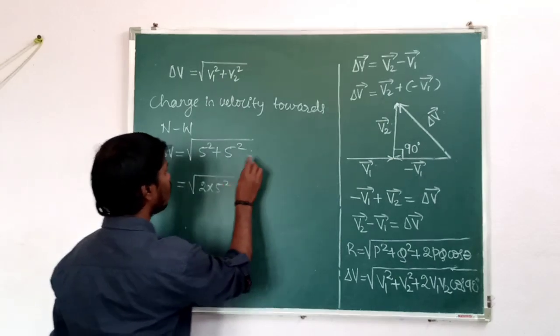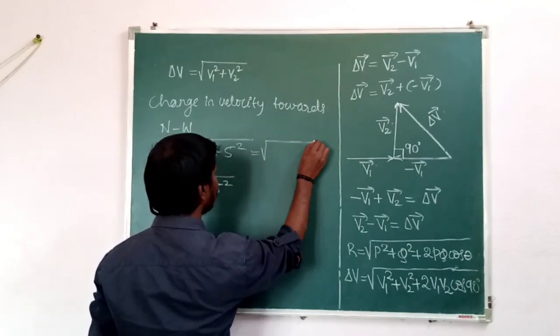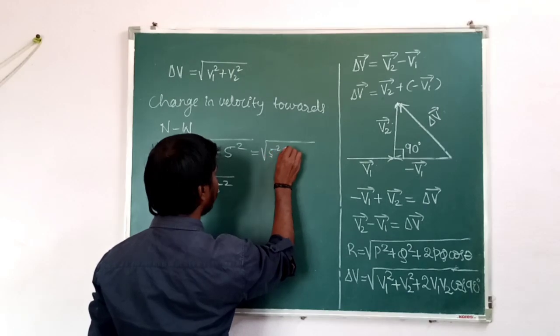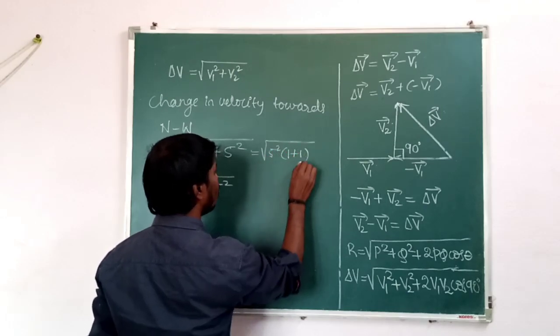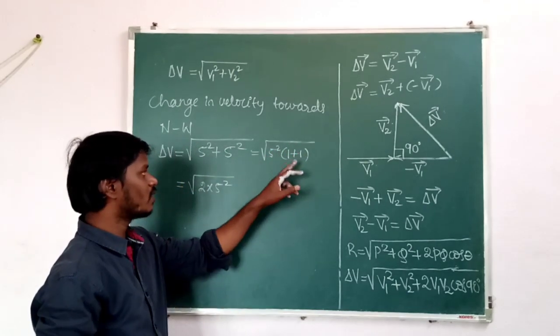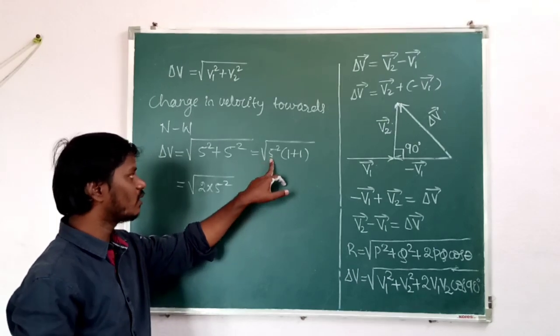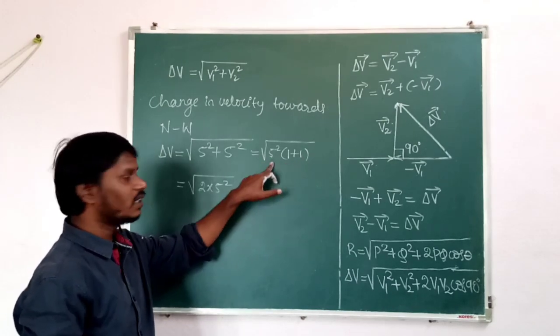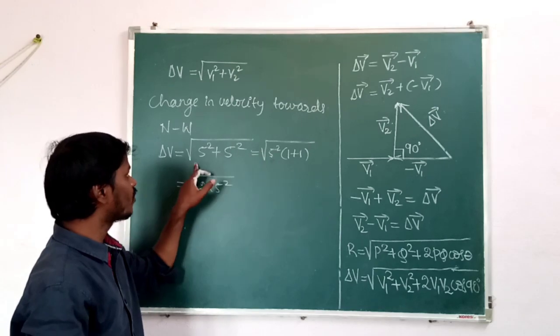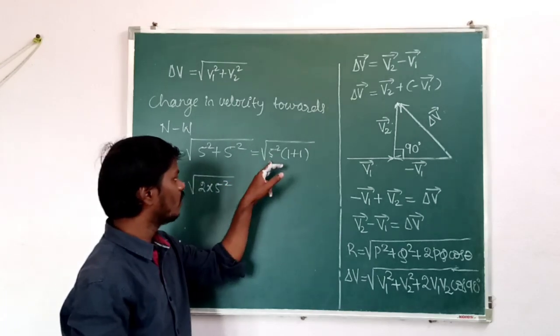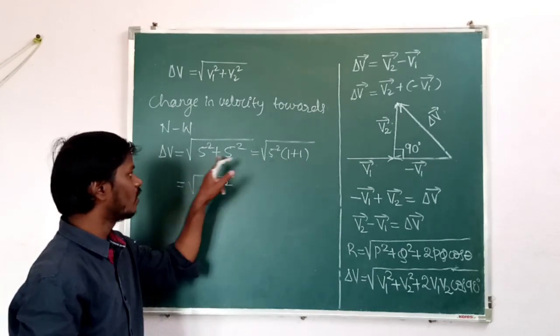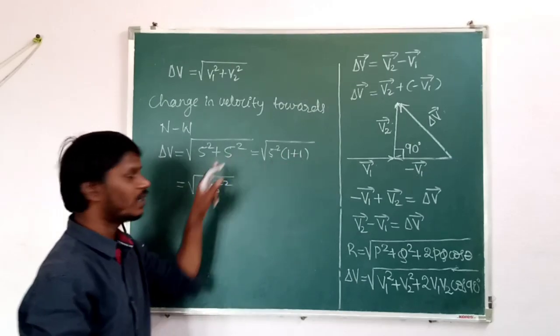See here, 5 square common, then 1 plus 1. Again multiply this bracket 1 plus 1 with the 5 square, then we will get 5 square plus 5 square. 5 square into 1 is 5 square, again 5 square into 1 is 5 square.